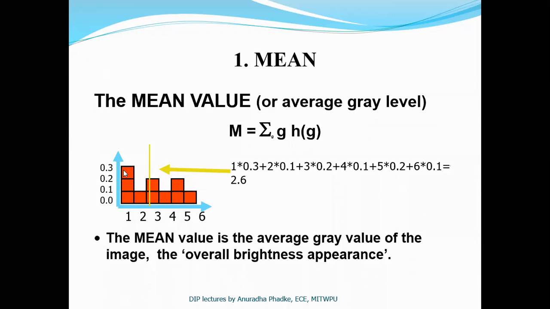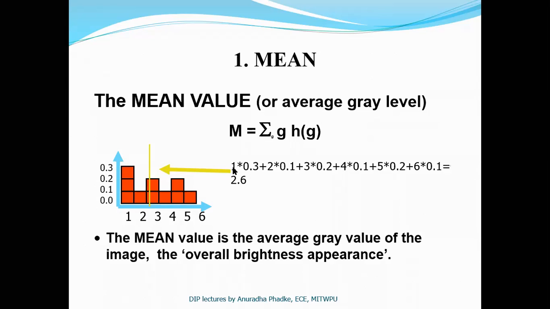And as this is normalized, we are getting values less than 1. Okay, if you look at the y-axis, these are not counts as numbers, but fractional values between 0 and 1, because we have divided each count by the total number of pixels. So for say gray level 1, the normalized histogram value is 0.3, for 2 it is 0.1, and so on.